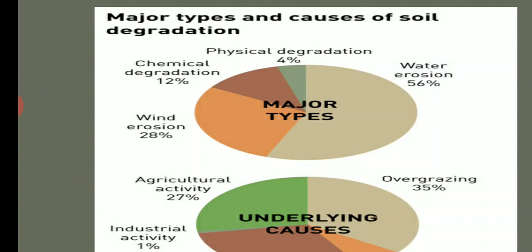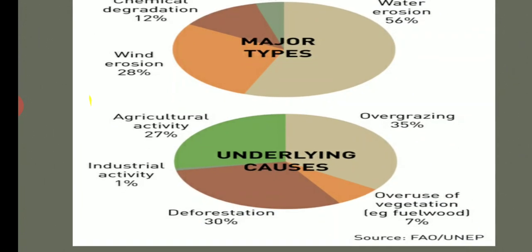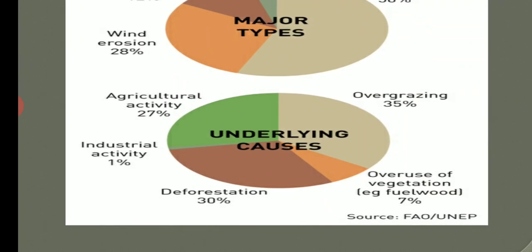Then overgrazing, then mining. Apart from that, industrial activity. Again, what is meant by industrial activity? It means that the industries located in the areas discharge or dump their waste on the land, or dump it into the water.